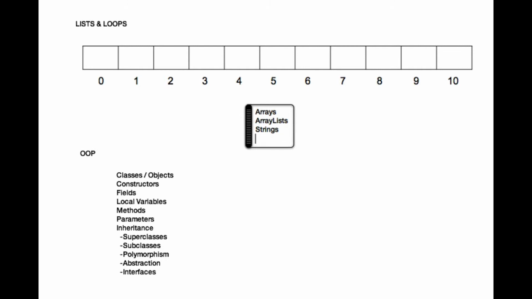Okay? Just one more thing on lists, right? We have two-dimensional arrays, which are simply, right, lists of lists. So instead of having a primitive or an object in this cell, what do we have?